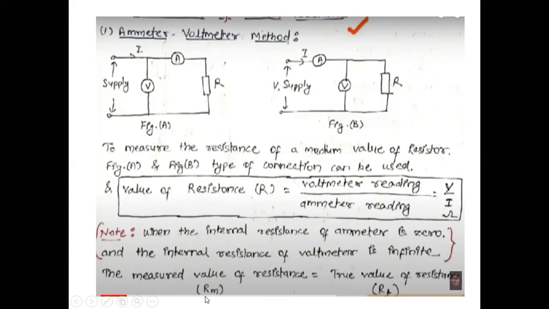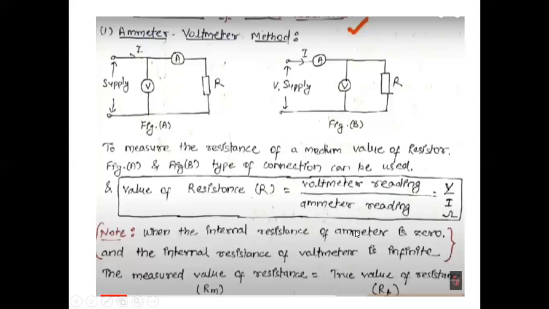To measure a medium value of resistance, both connections can be used. Then the value of resistance is equal to the voltmeter reading upon the ammeter reading, that is V upon I. It is your resistance.